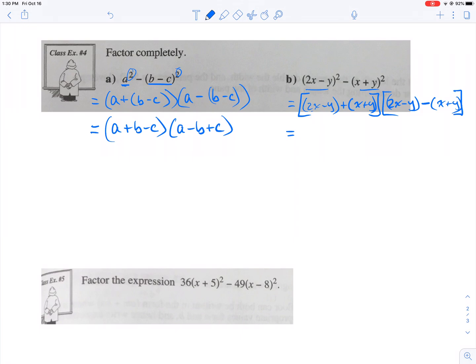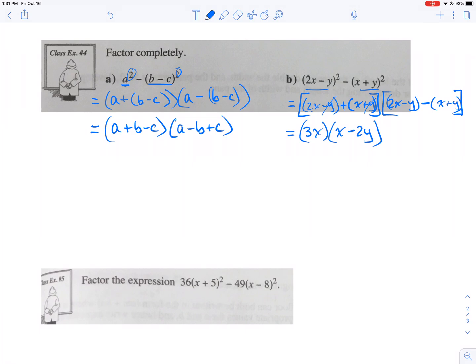So now we have 2x plus x is 3x, and then negative y plus y cancel out. So we have 3x. Then we have 2x minus x is x, and negative y minus y is minus 2y. See how that cleans up nicely?